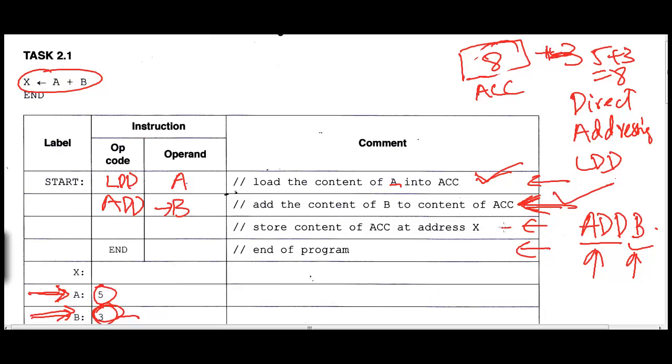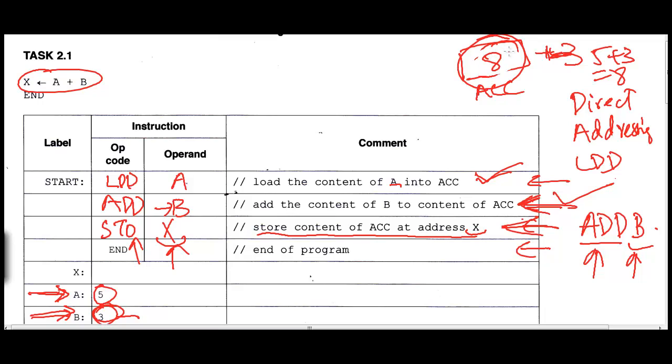Okay, let's take a look at this comment. This comment is saying store the contents of the accumulator at address X. So this is once again involving direct addressing. We can store at X by using the command store X. This is the opcode store, and this is the address where we have to store the value, and the value that is going to be stored is the value that is held in the accumulator.